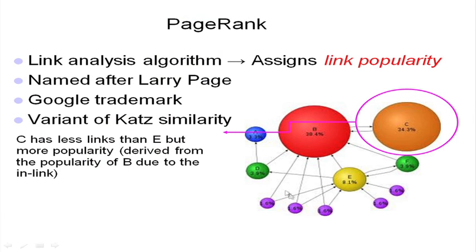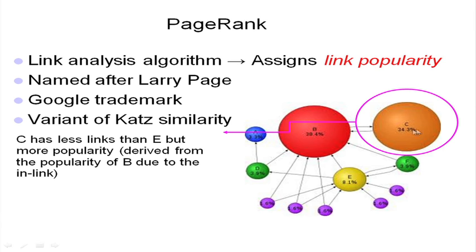eigenvector centrality. If you look at this slide, I give a very simple example of a small snapshot of the World Wide Web. What you see here are a few nodes marked like A, B, C, D, etc., and the size of the node expresses the extent of popularity of that particular node.